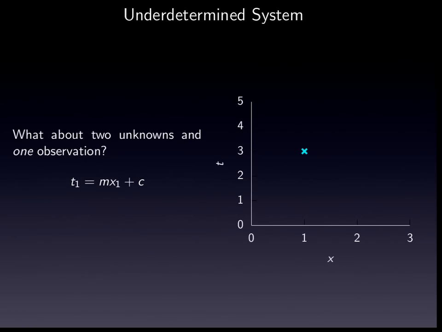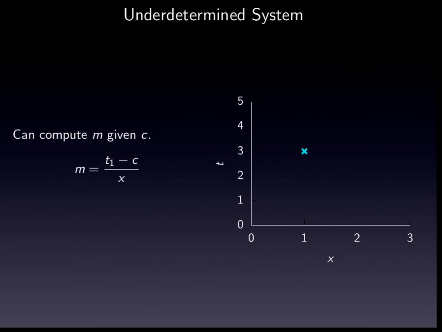And once you've made an assumption about m, you can fit a line. So I'm actually going to do that. It's an excellent suggestion, but I'm actually going to make an assumption for c. Because we can compute m given c, I'm going to assume that c is 1.75. Does that seem reasonable?